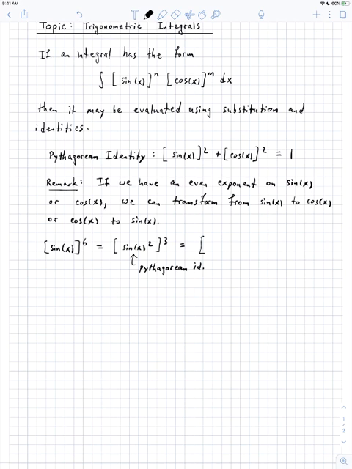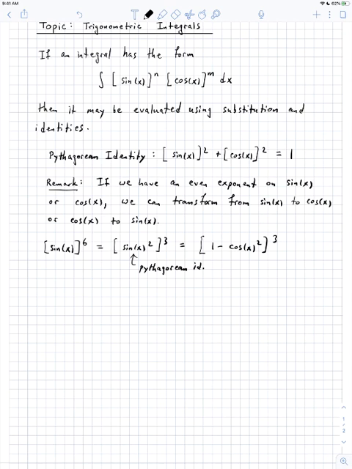So this becomes 1 minus cosine quantity squared, all that raised to the 3. So we start with sines, and then we turn it into cosines. Notice that this is all raised to the 3rd power. So it's going to be a more complicated expression, but the idea is that you can get it all in terms of cosines. Now, you can only do that if you have an even number of them in your product.